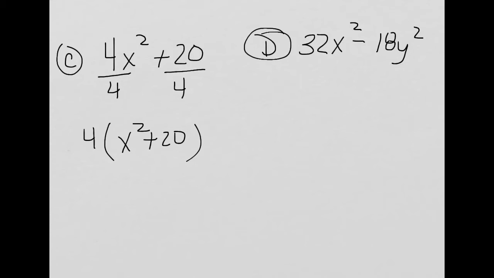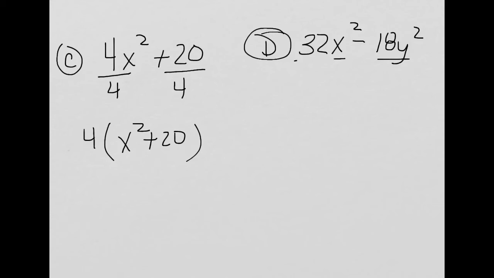Let's take a look at D. Is 32 a perfect square? No, it's not. So what we want to do is see what number can go into 32 and 18. So it looks like we can take out a 9. So 9 goes into 32. 9 doesn't go into 32, so we're going to try a different common factor.